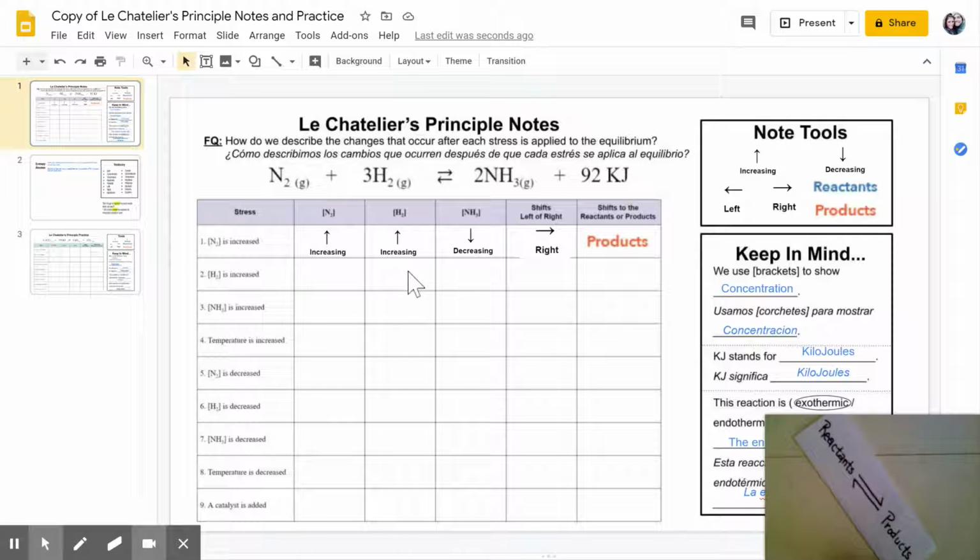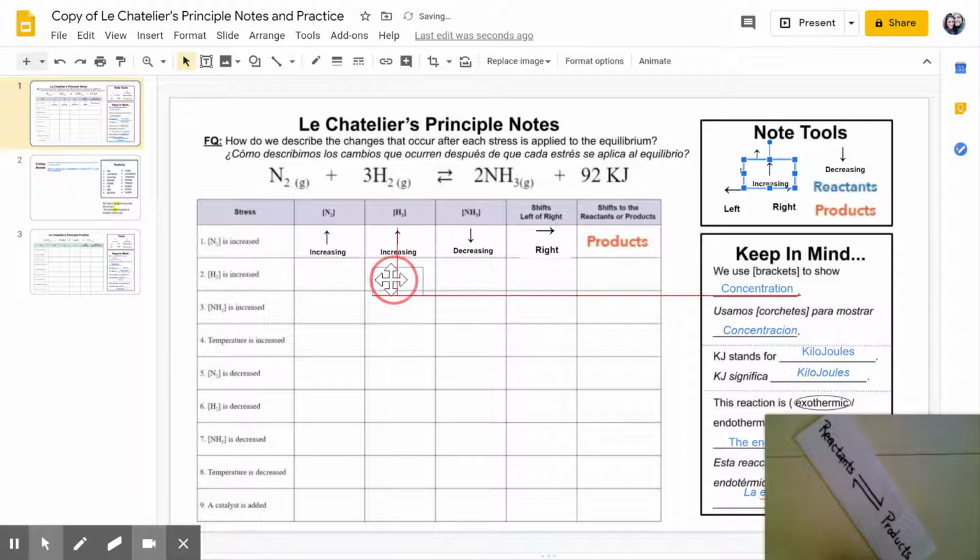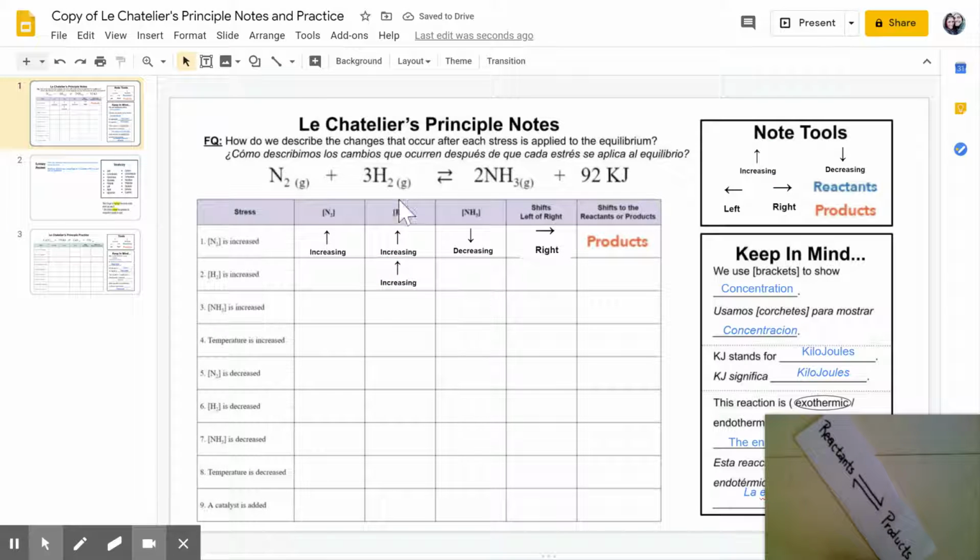So when I look at my chart, I find H2 and I know that it's increasing. So I'm going to go to my note tools, copy and paste, increasing. I'm going to put that in the chart. Now, H2 is not the only reactant. So when I look at N2, because they're both on the same side, they're both doing the same thing.